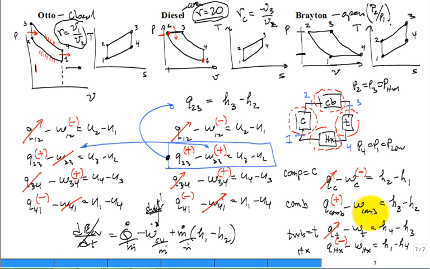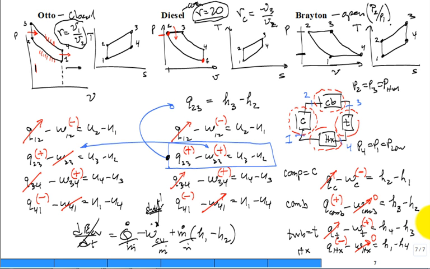I say, where's the shaft going in or out of the combustor? There is no shaft going in or out of the combustor, is there? So that is 0, isn't it? How about the work turbine? Positive, out. And how about the work heat exchanger? That's 0.